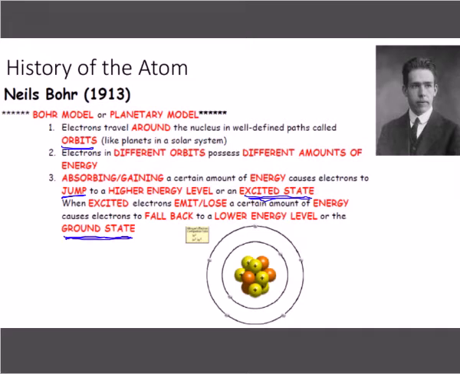But after hydrogen, he found out that it didn't work. So it's not the best model. We use it to kind of give us a visualization. You know, take something that's three-dimensional and very complex that we can't see with our naked eye, and we kind of shrink it down and put it in this very simple model.